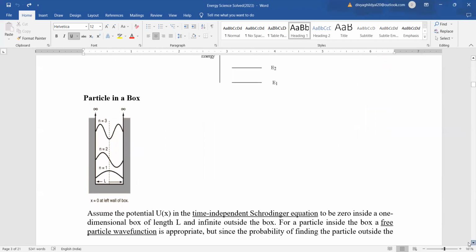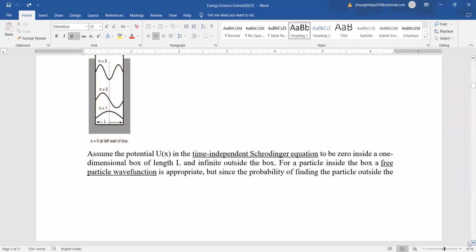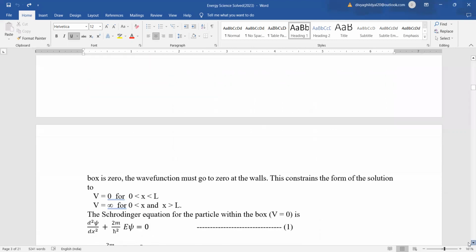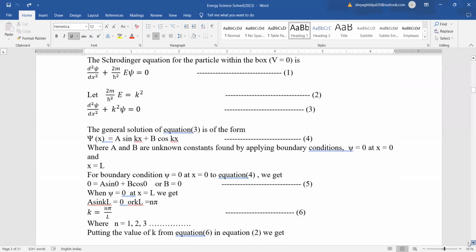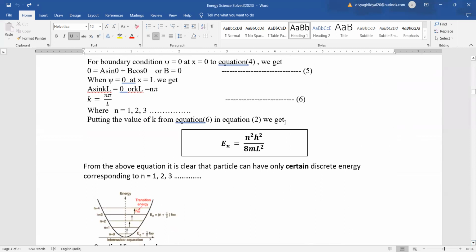For this, you can explain with the help of an example of a particle in a one-dimensional box, apply the Schrodinger wave equation, and get the expression for energy quantization as En = n² h² / 8mL², where h is Planck's constant, m is the mass of the particle, and L is the length of the one-dimensional well.